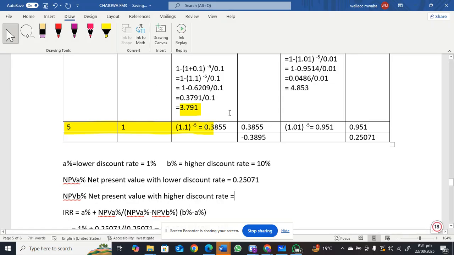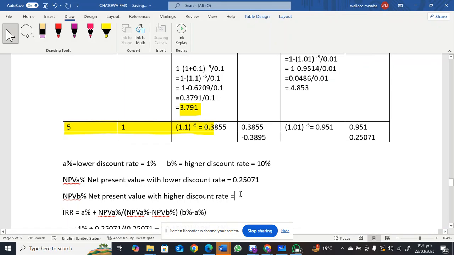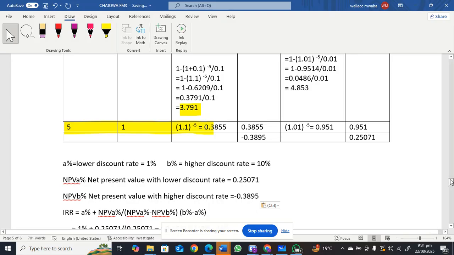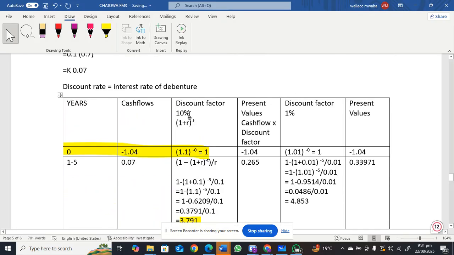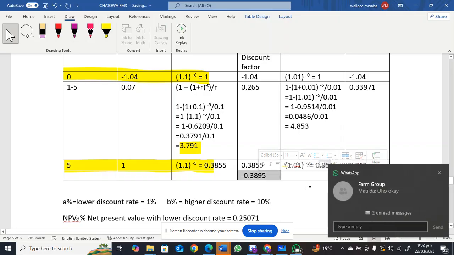And it's this one here. When we use 10% as our discount rate, we got this negative 0.385. So it's just 4 things that you need from this table. Okay, colleagues, 4 things. Higher discount rate, lower discount rate. Net present value with the higher discount rate, net present value with the lower discount rate.